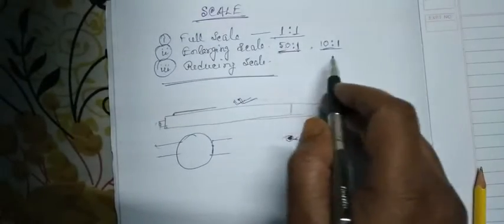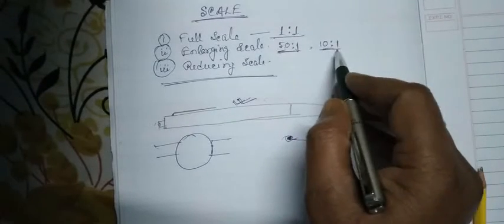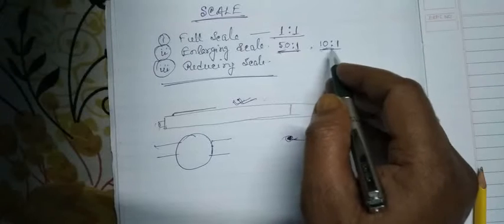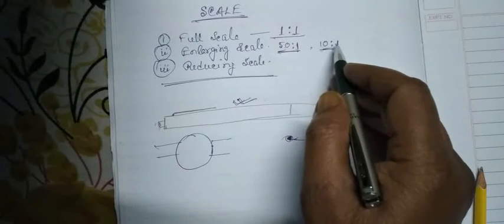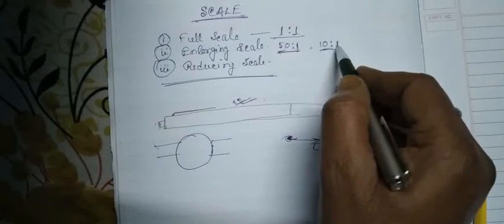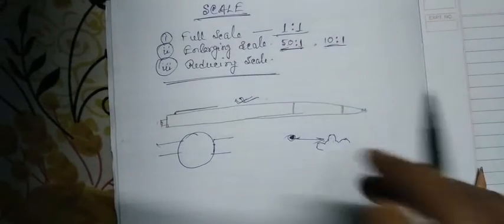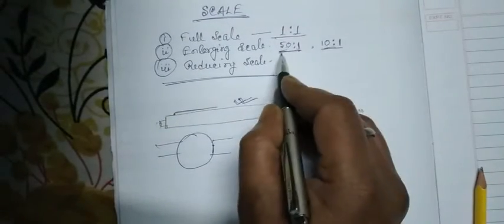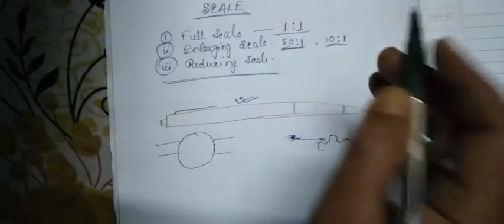Understand? Suppose this is 10 is to 1. This is called enlarging scale, meaning we enlarge the drawing by 10 times from the original dimension of the object. This is an enlarging scale, that is 50 is to 1.